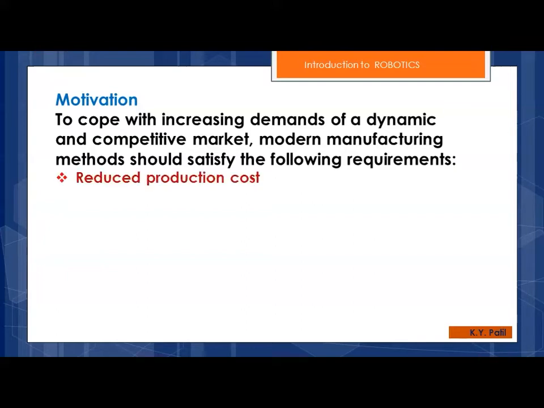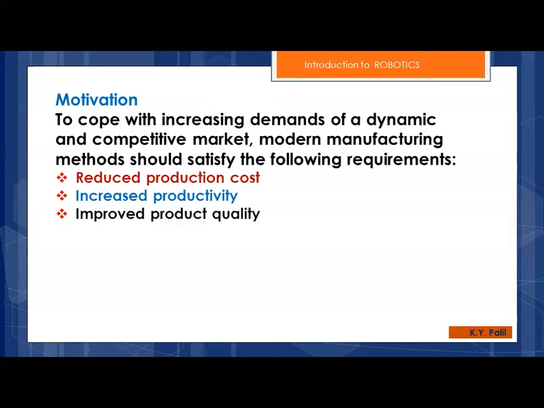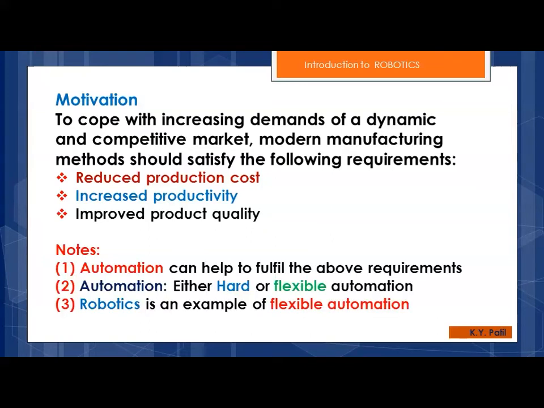These 3 requirements are as follows: first, reduce production cost, increase productivity, and the quality of the product has to be good.